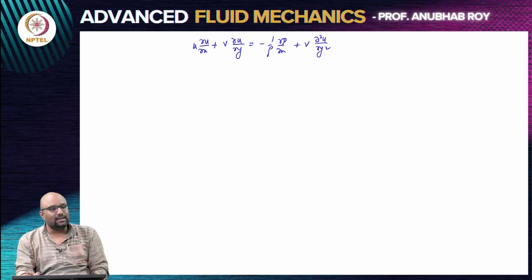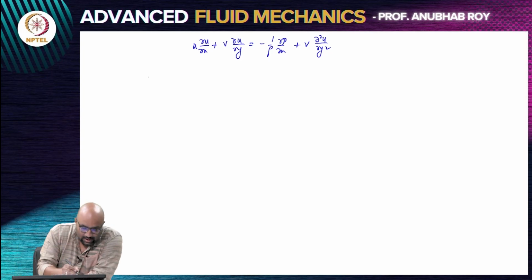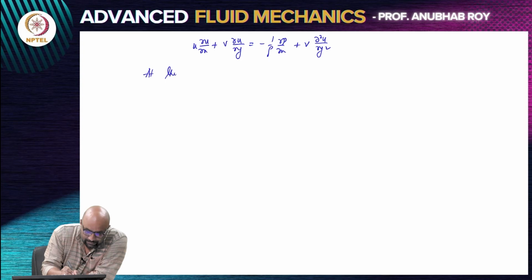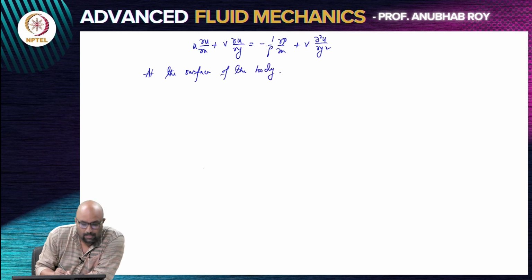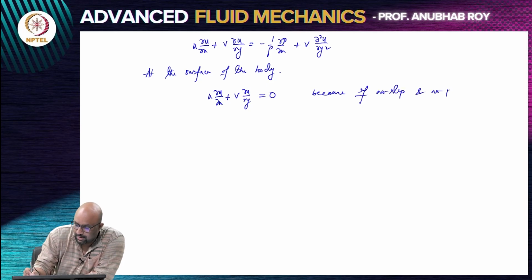So, I am not saying anything here regarding explicitly what the pressure gradient is. Now, at the surface of the body, we would have the left hand side, which is u ∂u/∂x + v ∂u/∂y, equal to 0 because of the no slip and no penetration boundary condition.